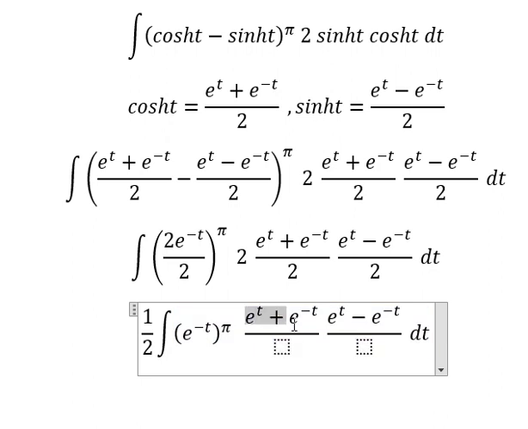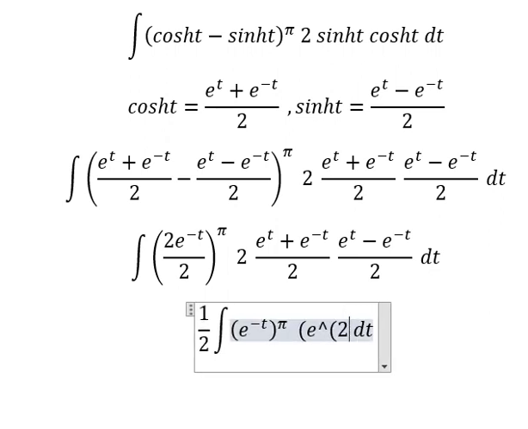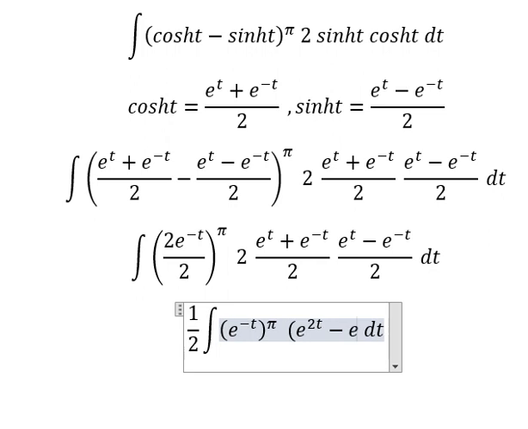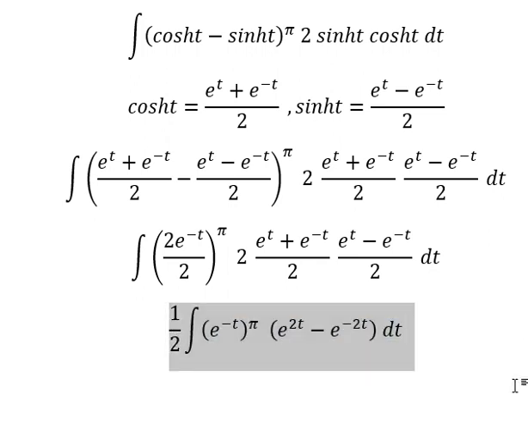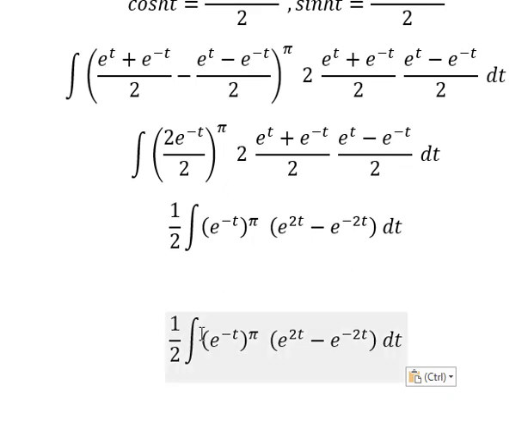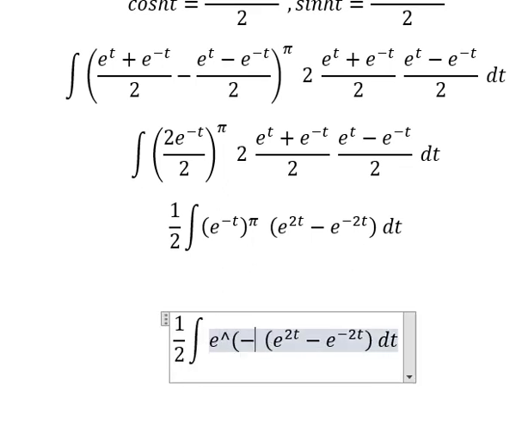Now this one multiply by this one and we have e to the power of 2t minus e to the power of negative 2t. So this one we have e to the power of negative t.